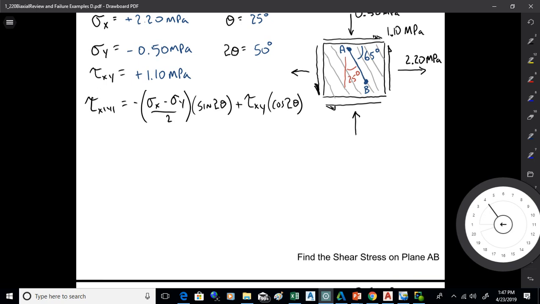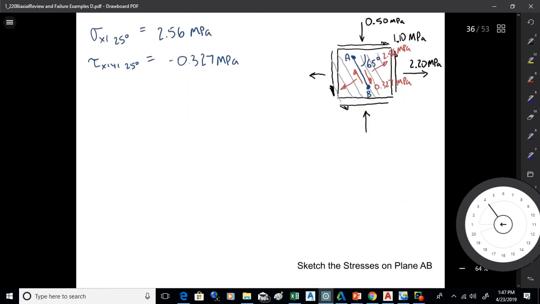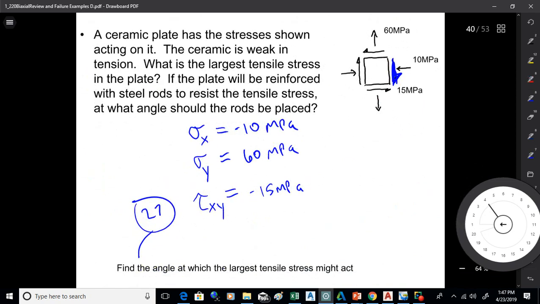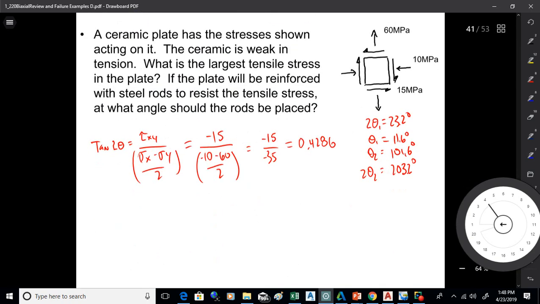Okay. Now the next example gets a little bit more involved. In the next example, we were trying to figure out what are the maximum stresses on this ceramic plate. Okay. Now on this one, you've got to find the angle first. You've got to use that tangent 2 theta formula and find the angle at which the maximum stresses act.